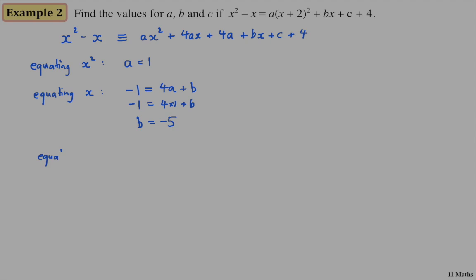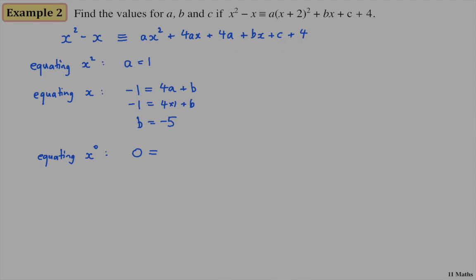Now we're going to equate or match up the constant terms, the terms that have no x's. Well, on the left side of the equation, there are no terms that have no x's, so there's 0 on the left side. On the right side, the terms that don't have x are the 4a, the c, and the 4.